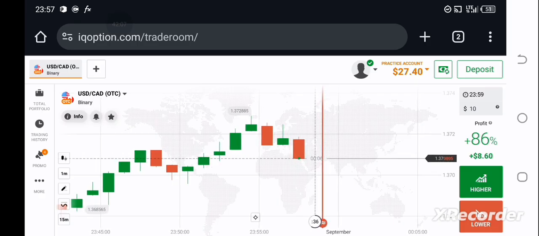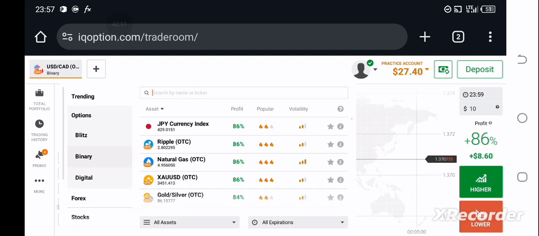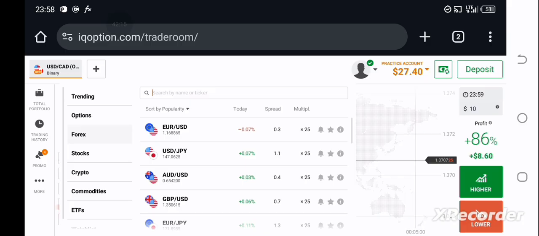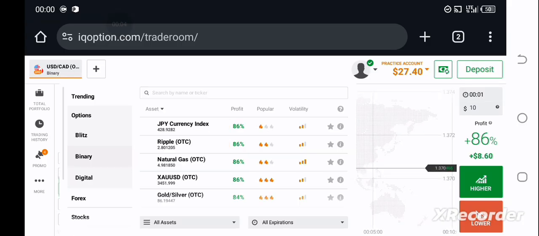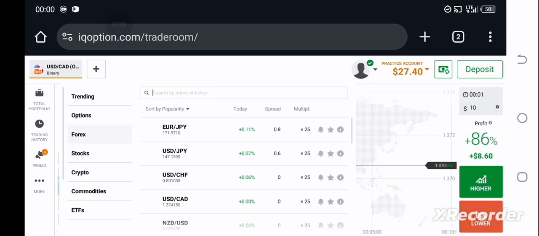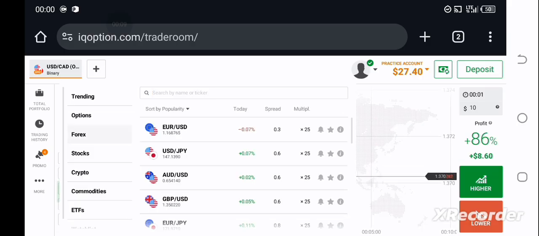Let's switch to the FX, and let me show you, in case you want to open a position for Forex. You already know how to do that. You click, and you can switch to the Forex chart. So let me show you something. Let's just select the first one, which is euro US dollar.